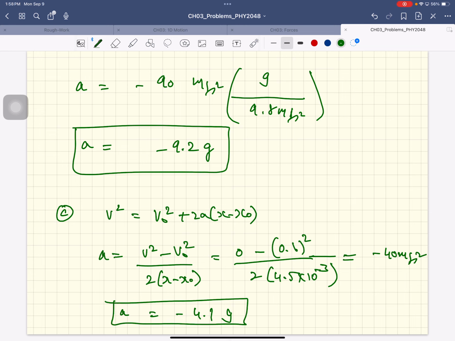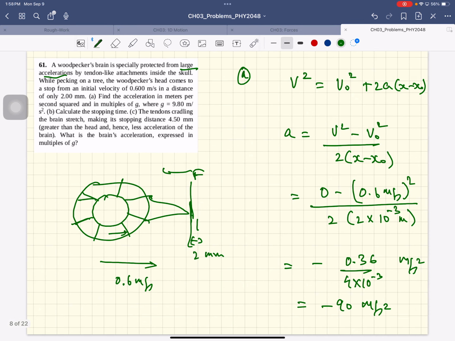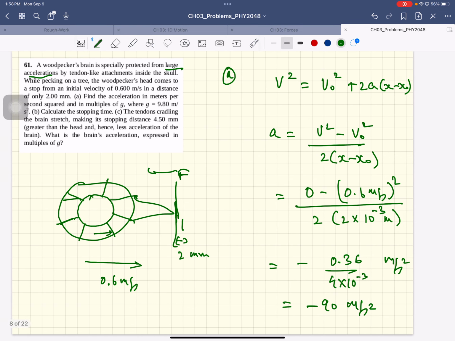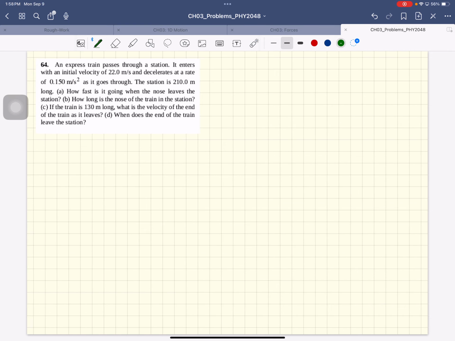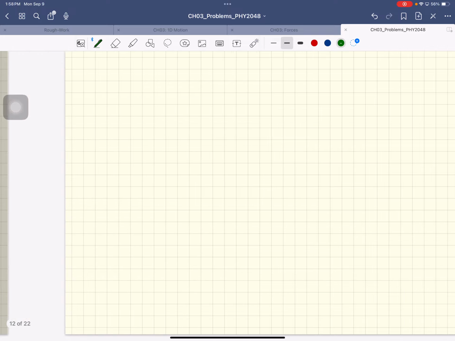Okay, so 4 Gs, even with the rubber bands, it's experiencing 4 Gs. But apparently that's good enough. All right, we'll skip this one.